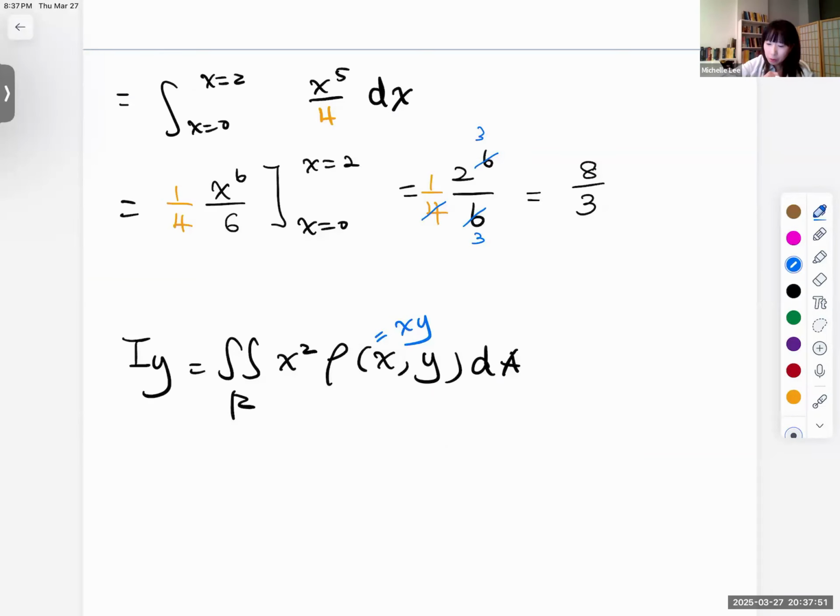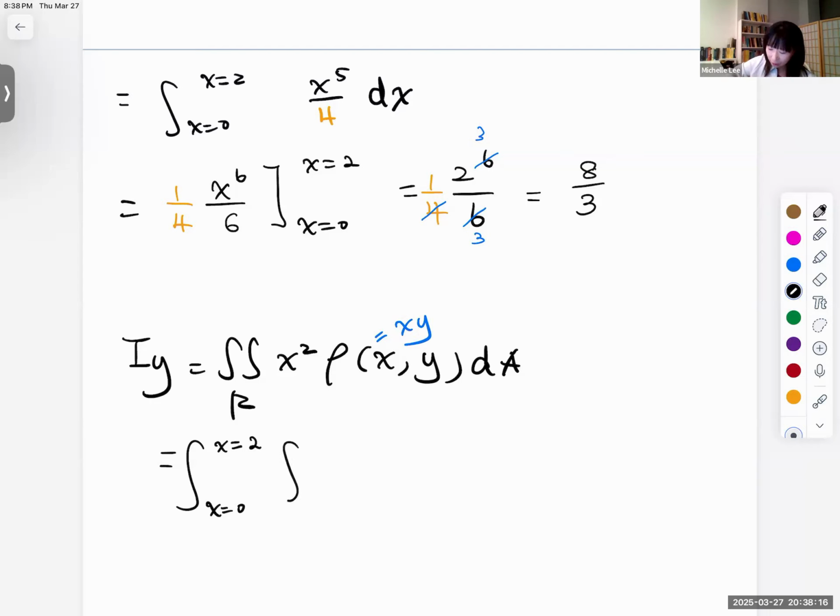Okay, so we want to find the moment of inertia about the y-axis. Then we have the formula here, right? Then we have x equals 0 to 2, not 3.